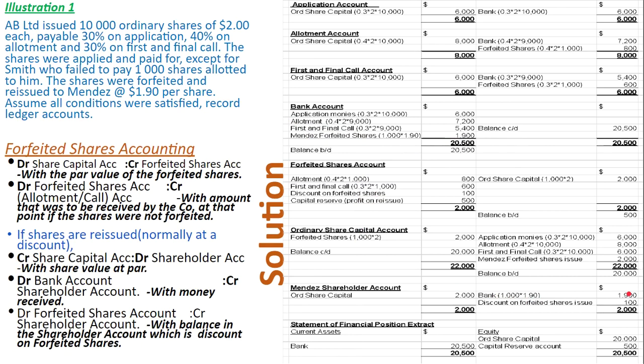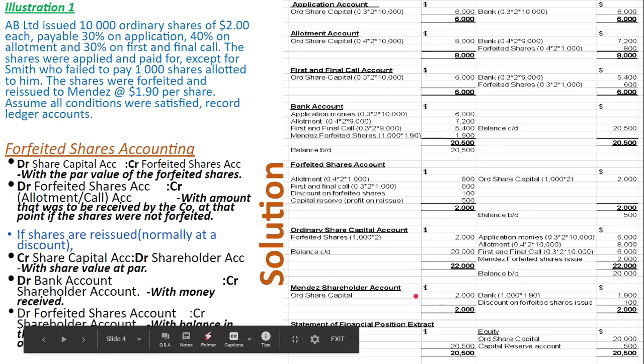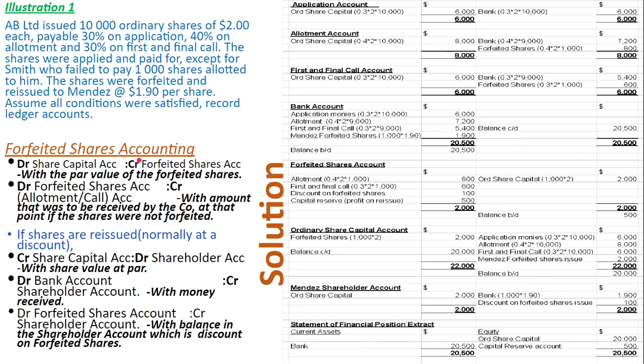At this point, we can notice that there is a difference on the debit side of Mendes shareholder account and the credit side. This difference has been noted on the last point in our forfeited shares accounting. The last point says debit forfeited shares account and credit shareholder account with balance in the shareholder account, which is discount on forfeited shares.